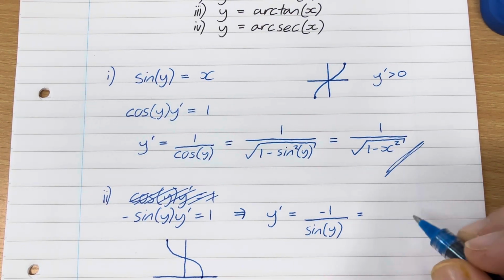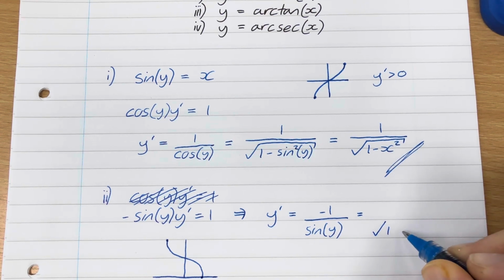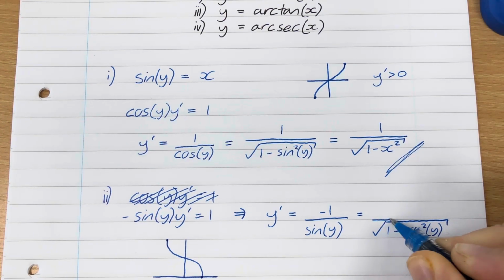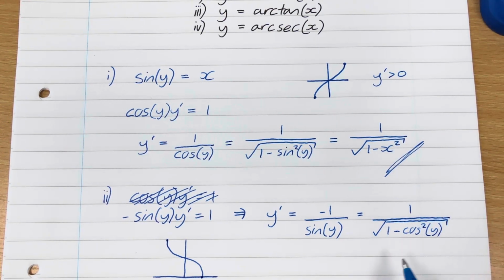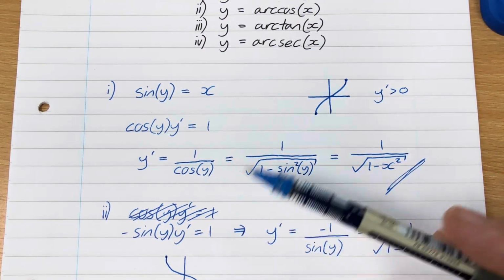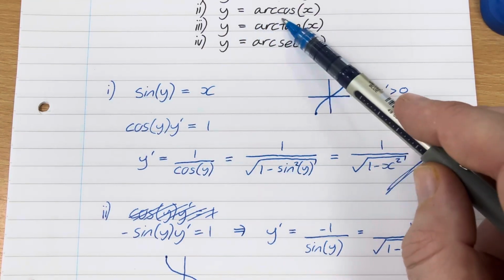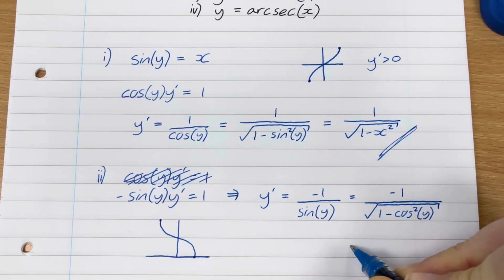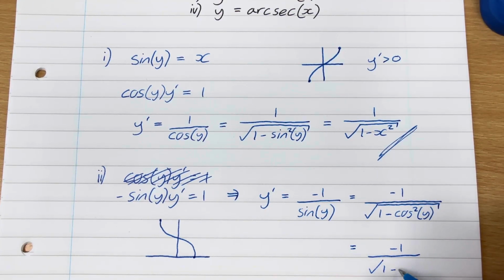Again, I can use that same trig identity to get the square root of 1 minus cos squared y, all under the number 1. And now I point out that cos y was actually x. That was the step up here, which I should have done really. Cos y is x, so that is going to be negative 1 divided by the square root of 1 minus x squared.